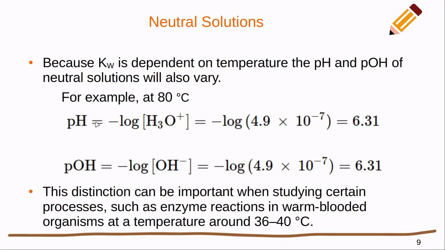So it is important to know what a neutral solution's pH is going to be if you want to measure those, and that in particular can come into play when we're doing different biological things like enzymatic reactions and stuff like that, where we have a slightly elevated temperature. And there are tables where you can look up the pH of a neutral solution at various temperatures.